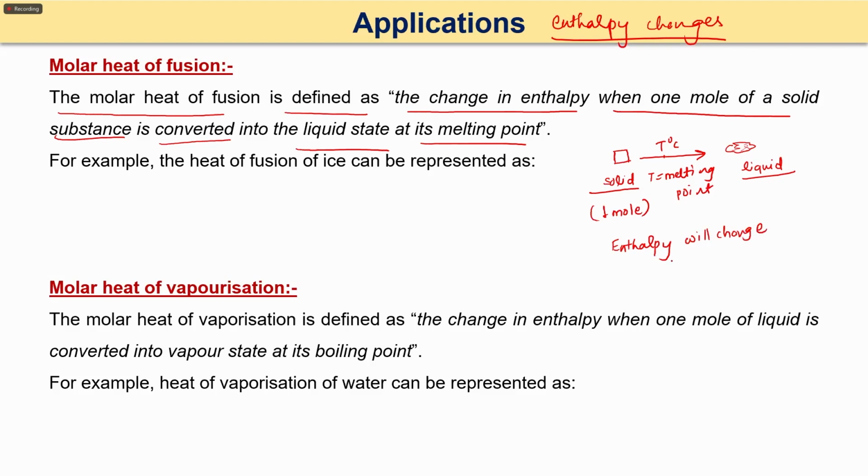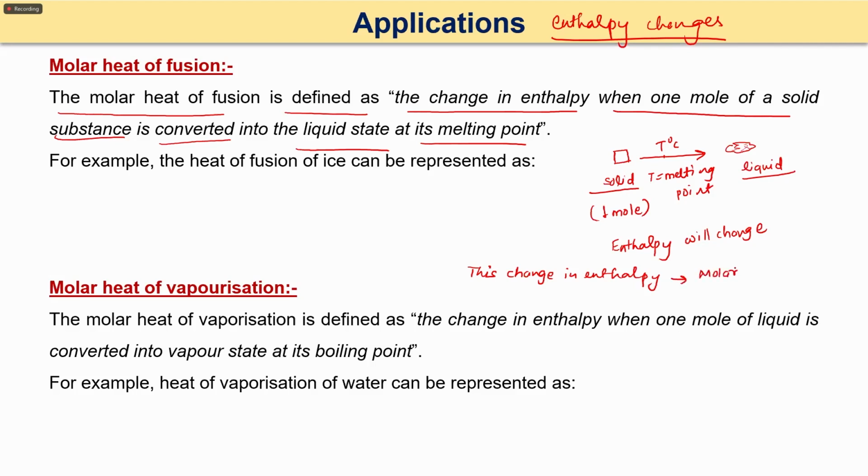And this change in enthalpy, when 1 mole of a solid substance is getting converted into your liquid state at its melting point, is called the molar heat of fusion.